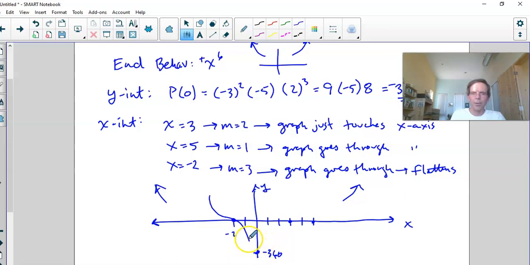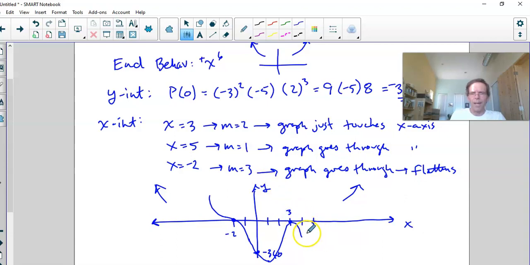Then it's got to go through the y-intercept. And what does it do at the 3? It has to just touch at the 3 intercept, so locally it sort of looks like a parabola just touching at positive 3.